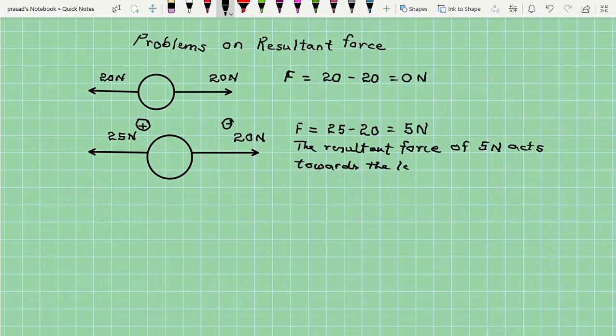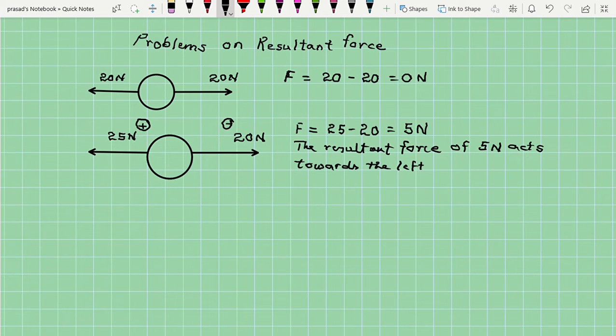And then according to Newton's first law, if a resultant force acts on the object, then obviously the object will not maintain the state of rest or state of motion with a constant velocity.